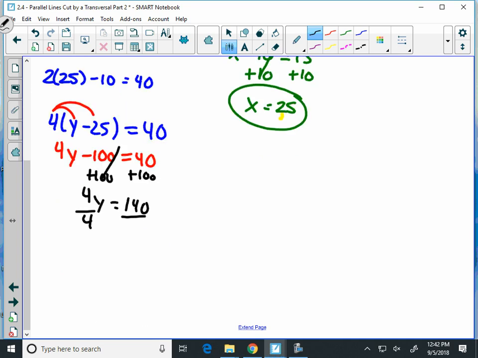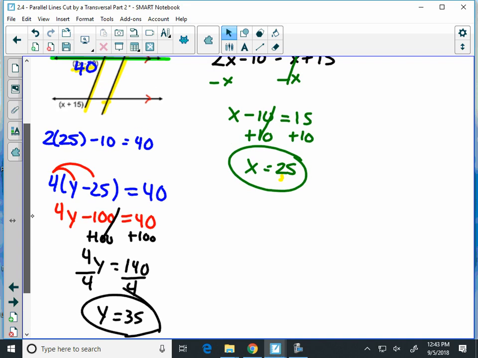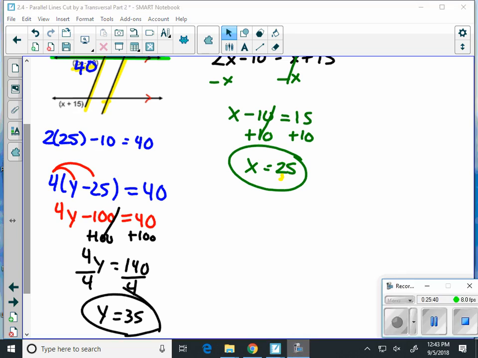Divide by 4, and y equals what? 35. And we are done. So sometimes you have more than one variable in a problem. A little more tricky with parallel lines.